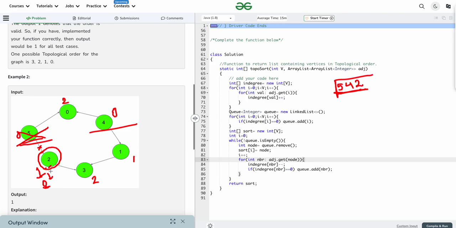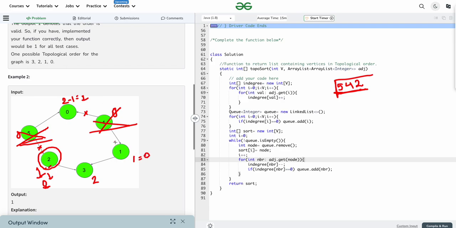Now I'll ask, what if I remove 4 with whatever I have? That means this edge will get removed. That means the in-degree for this node will now be 1, but for this one it will be 0.